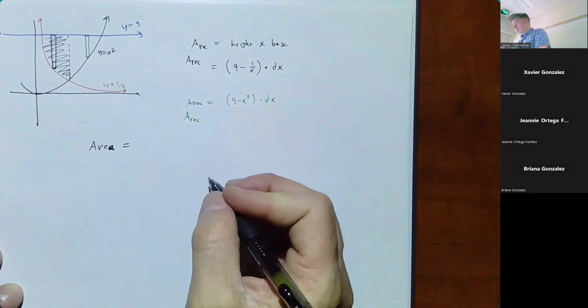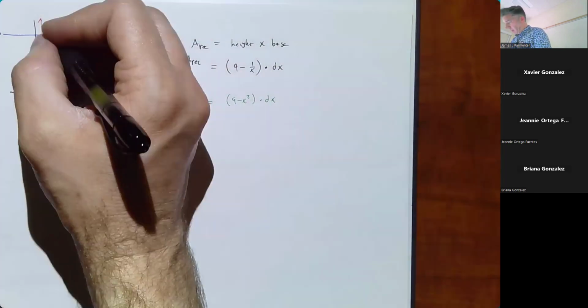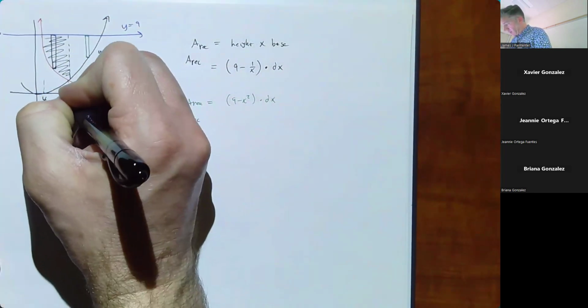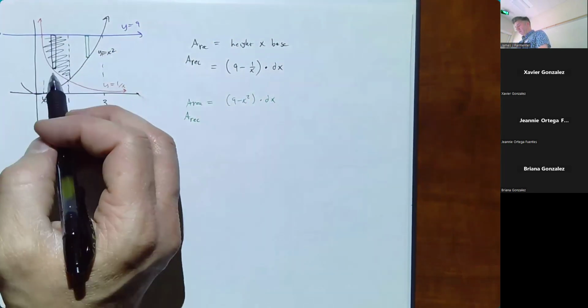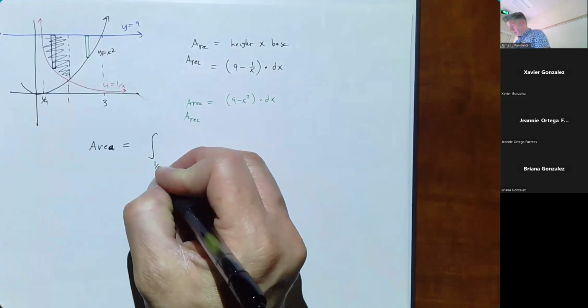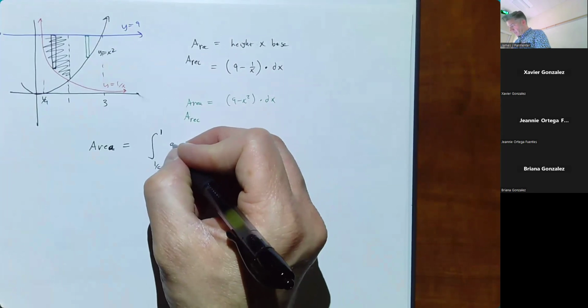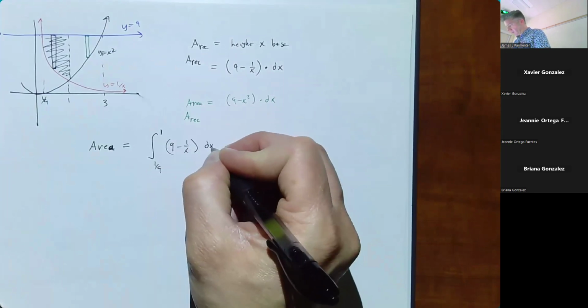The area of the black rectangle is going to be the integral from, so again, that value there is 1/9, 1, 3. So for the black area, we need to go from as far left as 1/9 to its far right is 1 of our height times our base.